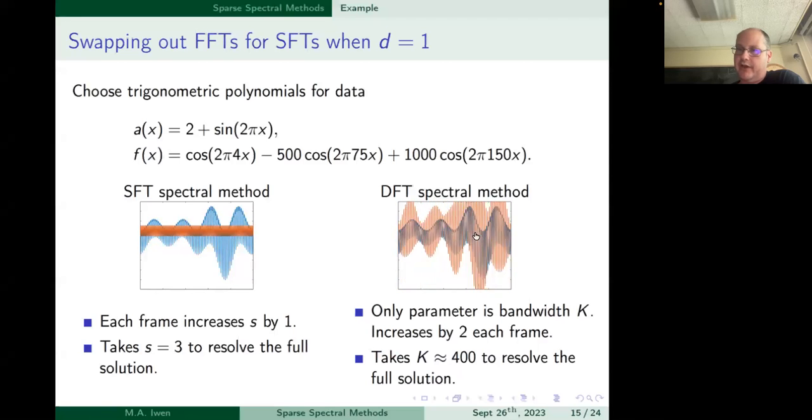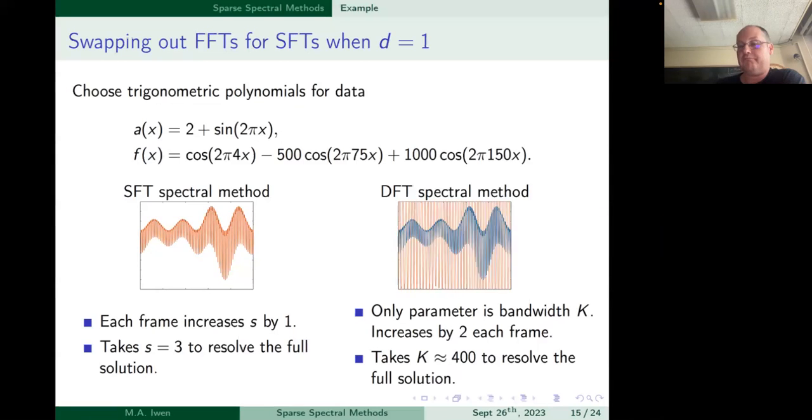For a standard FFT-based spectral method here, it's entirely determined by the degree of the trigonometric polynomials that you're going to allow yourself to use to approximate A, F, and U. There are relatively large frequencies in here that you have to resolve, so you're not going to get good convergence until K is larger than 150, and you have to go until it's about 400 or something before you get convergence to the same level as errors you get over here, right?